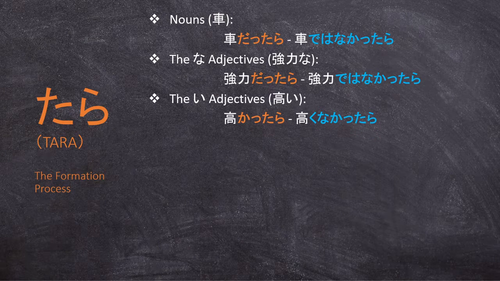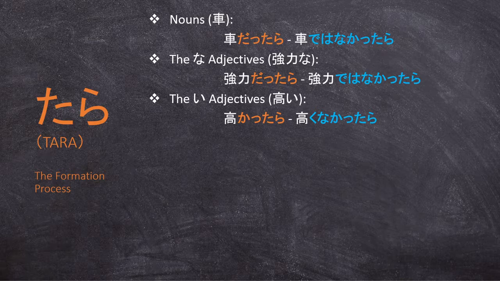However, the first big changes occur when you want to add tara to the i adjectives, and I have chosen takai for this purpose. Then takai becomes takakattara and takaku nakattara. You can already notice which forms have been used. In the case of the positive condition, first I have changed the adjective takai into its plain past form and then added ra. So that is nothing difficult here. However, when you want to express a negative condition, things get a little bit more complicated.